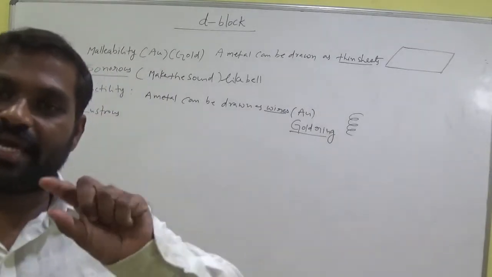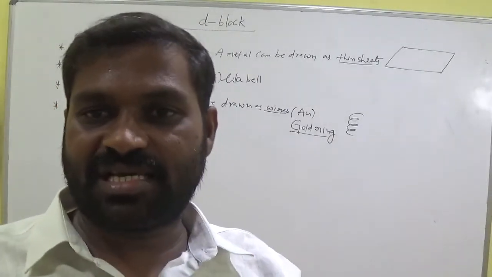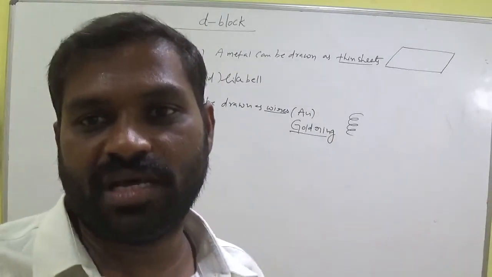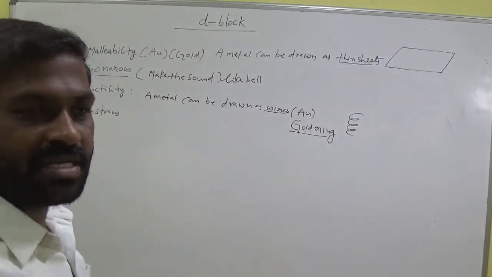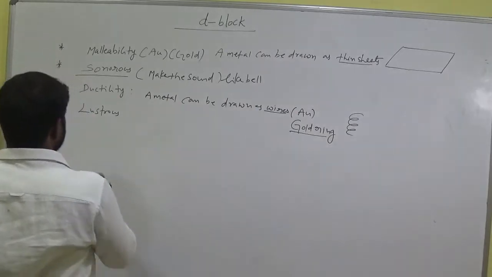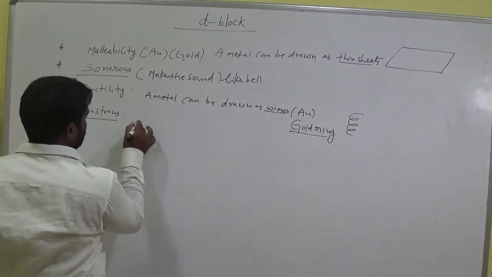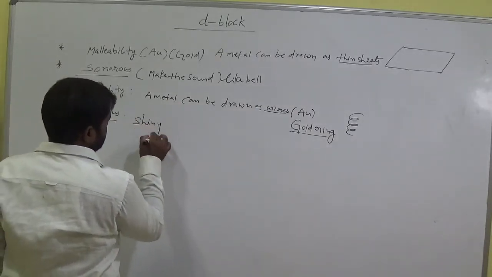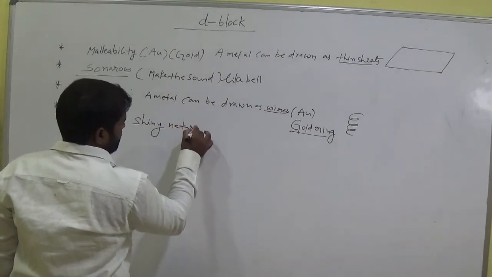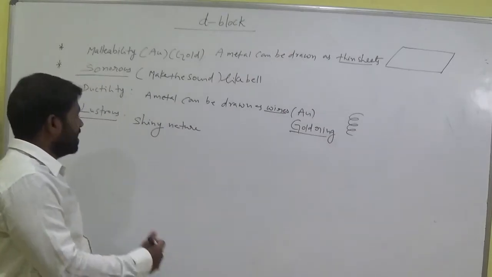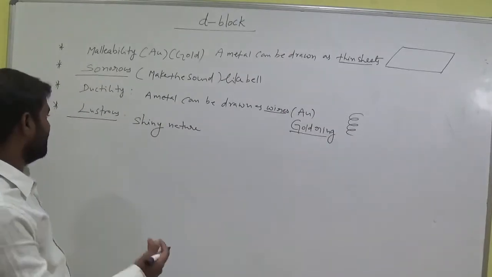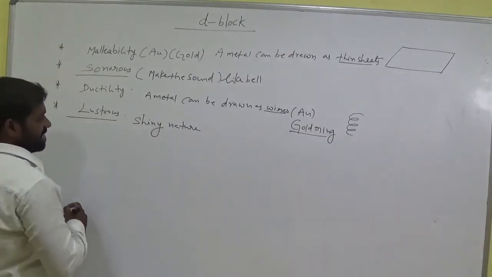If any metal can be molded like that, the property is called ductility. So gold has the ductility property. Lustrous means shiny nature. Gold is shiny, and the shiny property of gold or any metal is called lustrous nature.